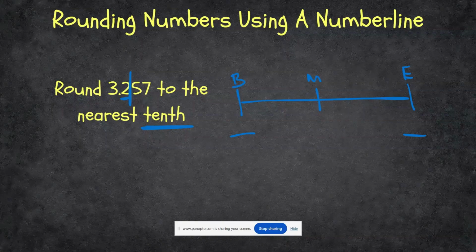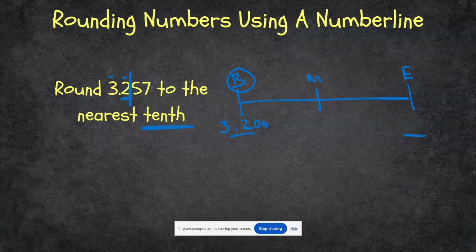Since we are using a number line and it's to the nearest tenth, the beginning number is going to be everything to the left of where we wrote our vertical line. So the 3 and the 2 in the tenths, that's going to be our beginning point, 3.2. And I'm going to go ahead and add a 0 to the end of that, 3.20, to the thousandths.